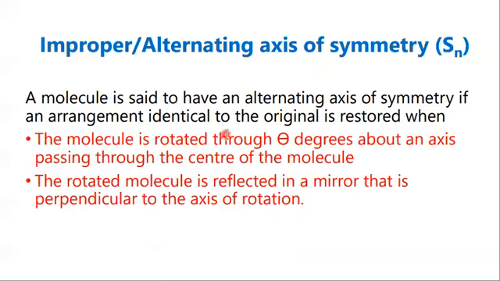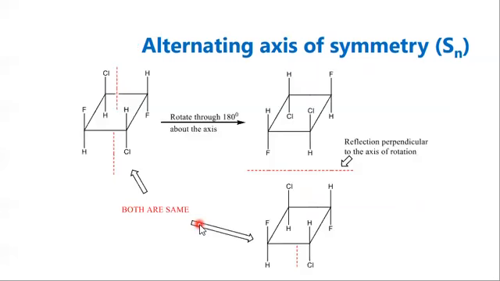A molecule is said to have an alternating axis of symmetry if an arrangement identical to the original is restored when the molecule is rotated through a certain angle, theta, about an axis passing through the center of the molecule, and then the rotated molecule is reflected in a mirror that is perpendicular to the axis of rotation. So we'll try to understand with an example.